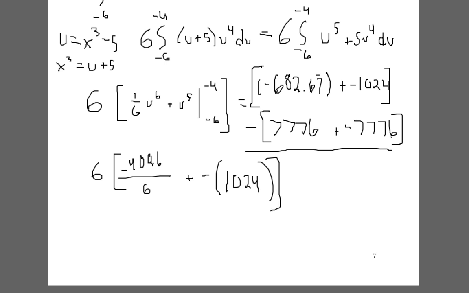So that whole quantity times 6, so it's going to be negative 4096 minus 1024 times 6, which is 6,144. So I believe the answer is going to be negative 10,240.